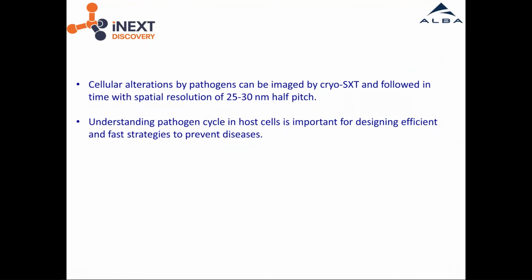So as a little summary of this part, I just wanted to remind you that we have a resolution of 25 to 30 nanometers, and this allows us to look at cellular alterations that can be due to pathogen infections or can be due to diseases or to any other type of things, such as, for instance, drug treatment.